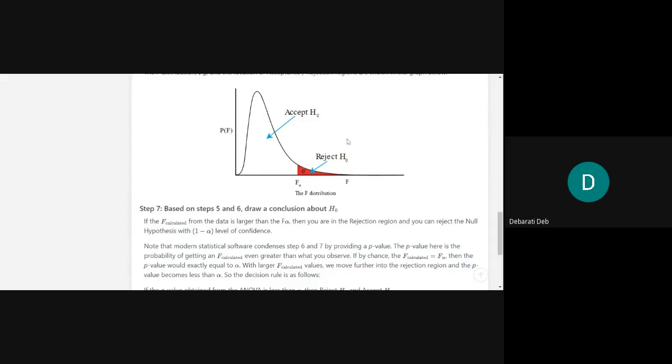If it is falling beyond this region, on the right side, that is, it is more than the tabulated value, then you need to reject the null hypothesis.